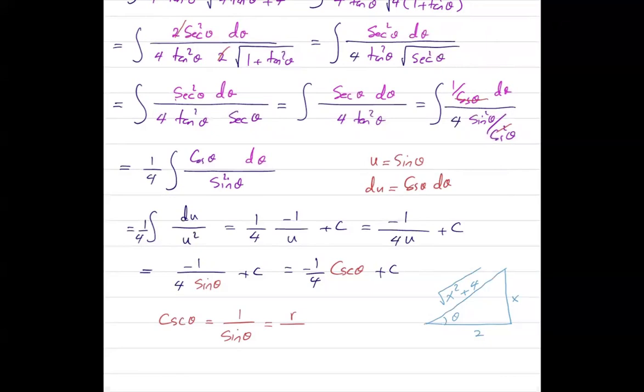What is r? r is the square root of x squared plus 4, and in the denominator you have x. So this integral is equal to negative a fourth, square root of x squared plus 4 divided by x, plus constant of integration.